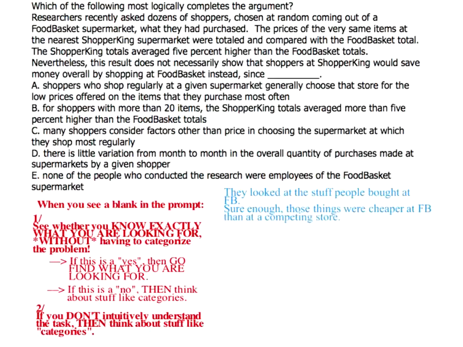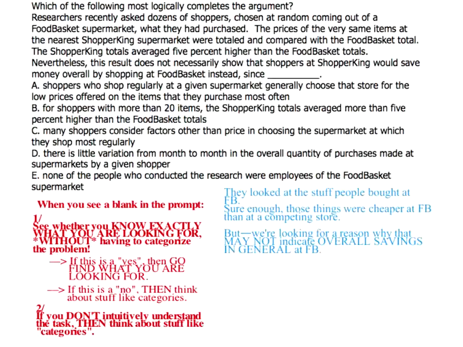But what are we looking for? Well, we're looking for a reason why that may not indicate an overall savings in general at Food Basket. Again, if you tried to go the classifying route here, you're going to have to do a lot of acrobatics that you don't really have to do.